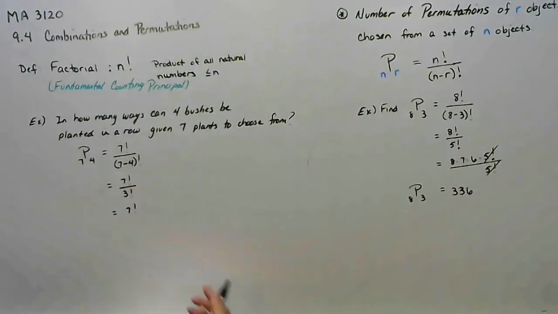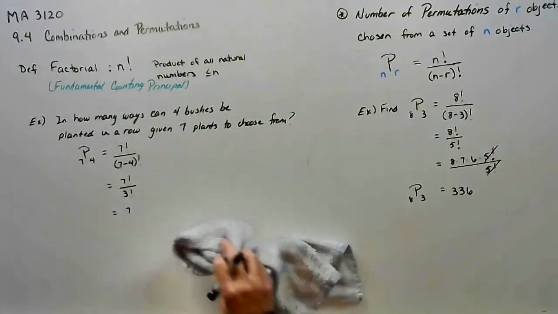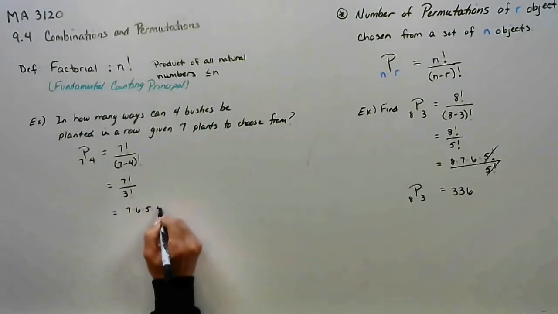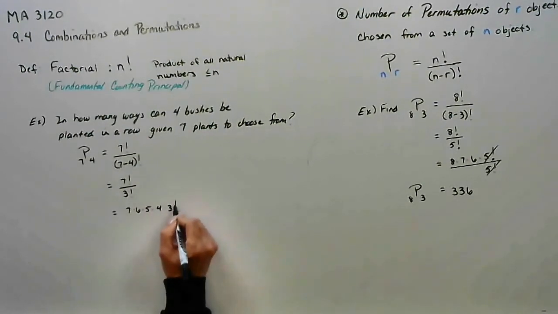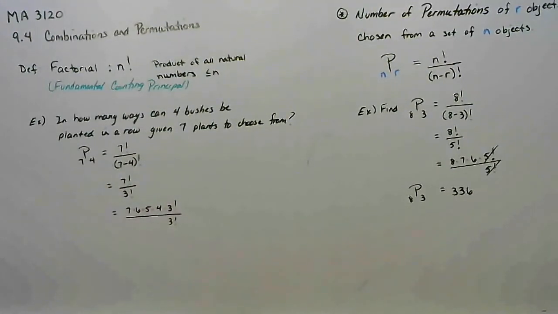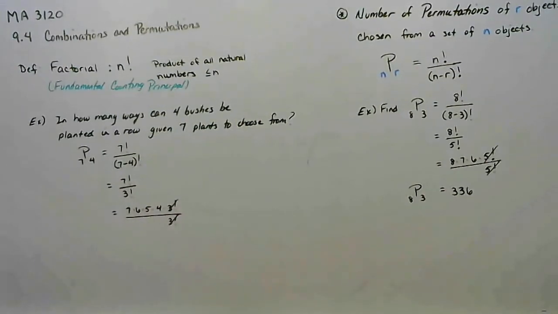Again, 7 factorial is 7 times 6 times 5, all the natural numbers less than it. I'm going to stop when I get to 3, 2, 1, because that's exactly what would be in the denominator. So if I reduce 3 times 2 times 1, I am left with 840 possible ways that you could arrange those plants.